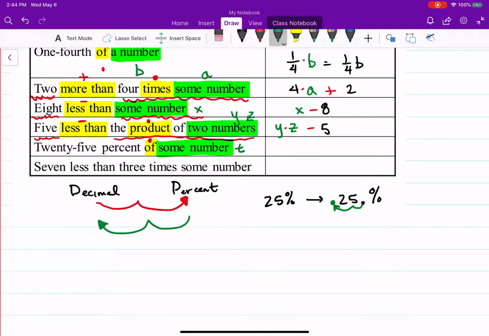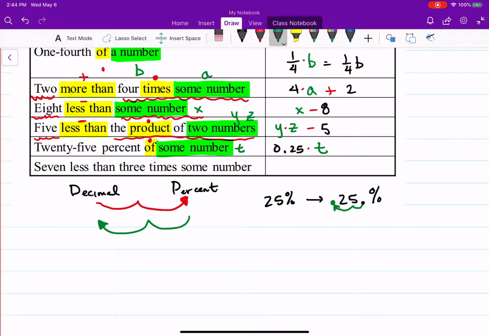So there's my new decimal place, and then what I have is 0.25, you can put a 0 right there to make sure you see the point, times that t.